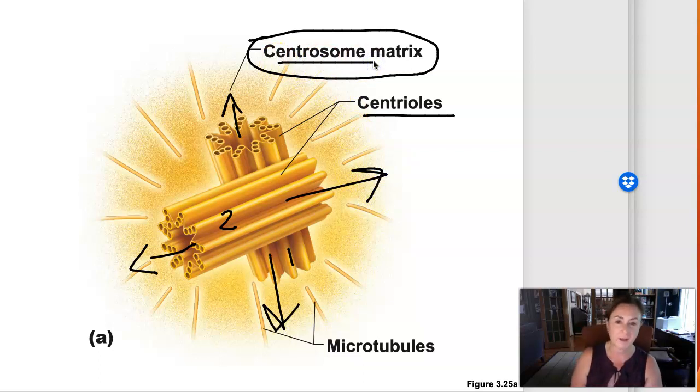So the centrosome is common in the cell because the centrosome is what we're going to use to anchor the mitotic spindle for cell division. So the centrosome is made up of two centrioles. So a centriole would be one of these, which is this like little barrel type of arrangement, like I was describing. And you can see there's this particular arrangement where you get the three microtubules and they radiate out.